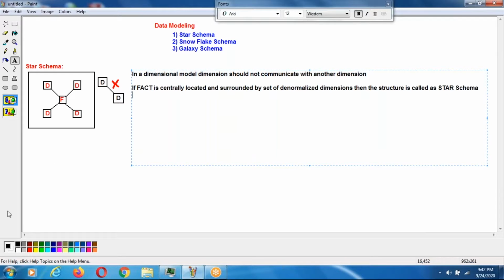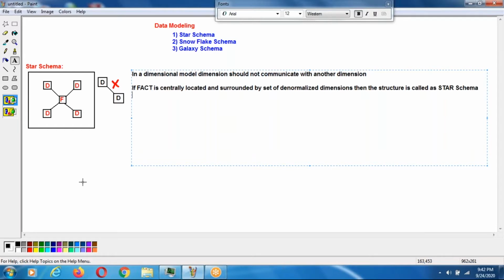Clear? Denormalized dimensions means I'm saying indirectly that a dimension should not communicate with another dimension. Usually in the database, we'll have tables with relationships. So if you have a relationship between the tables, usually we'll call that as a normalized database.